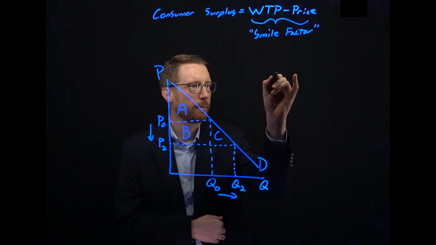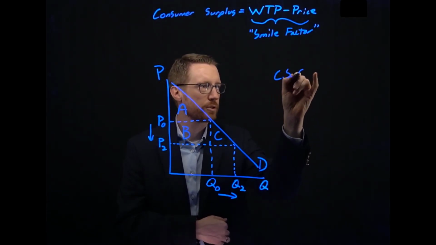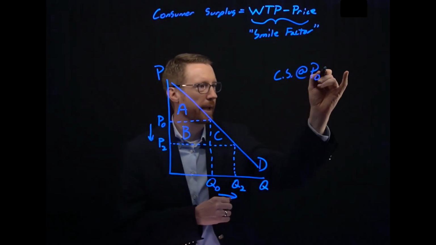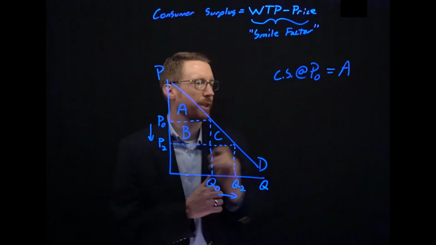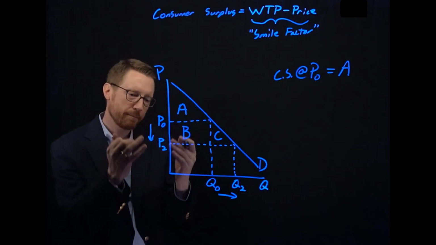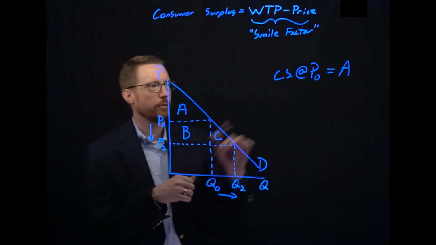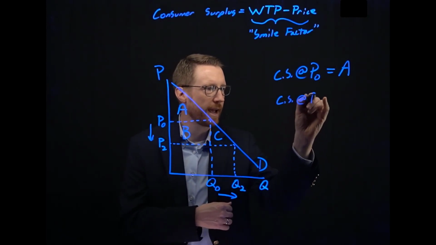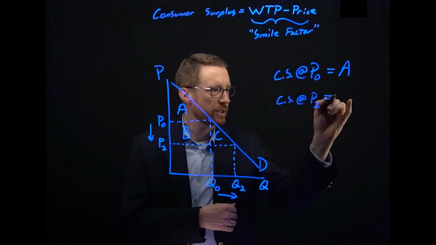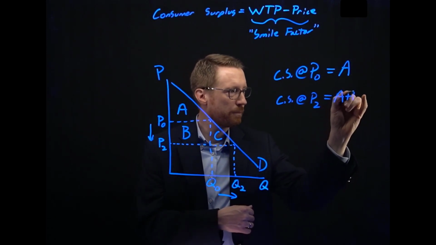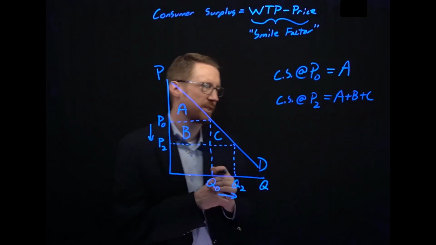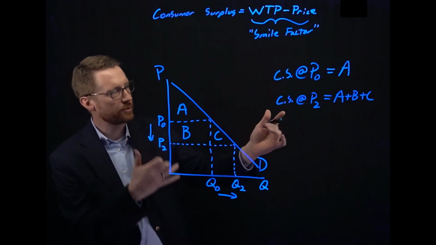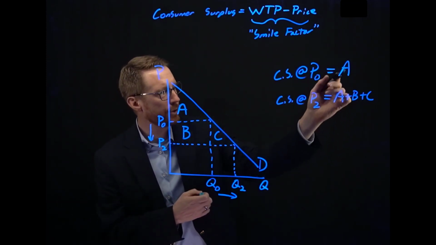If we think about consumer surplus at the initial price, consumer surplus at P naught, it was equal to A. And then price falls in the story that we told. So now we've got consumer surplus at P2, which is equal to A plus B plus C. If we're looking at our difference, A shows up in both of them.